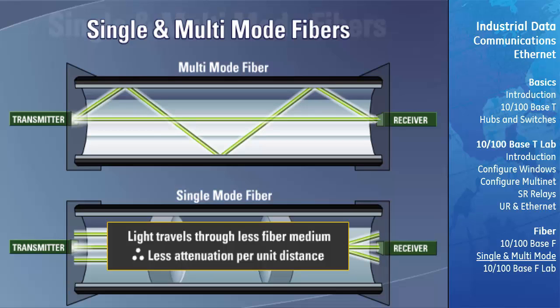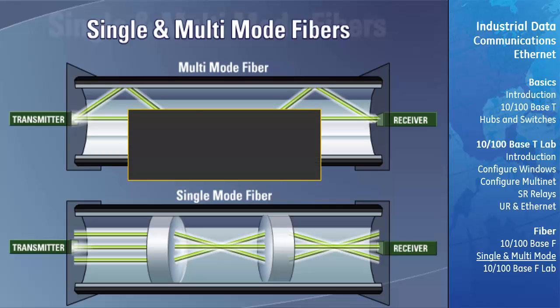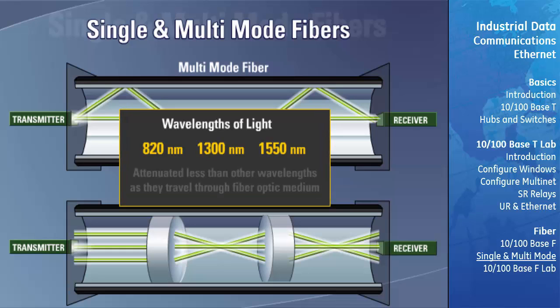As a result, for a given wavelength of light, single-mode fiber typically has less attenuation per unit distance than a multimode fiber. The wavelengths of light that are used in fiber optic communication are 820, 1300, and 1550 nanometers, because it's been found that these wavelengths of light are attenuated less than other wavelengths of light as they travel through the fiber optic medium.